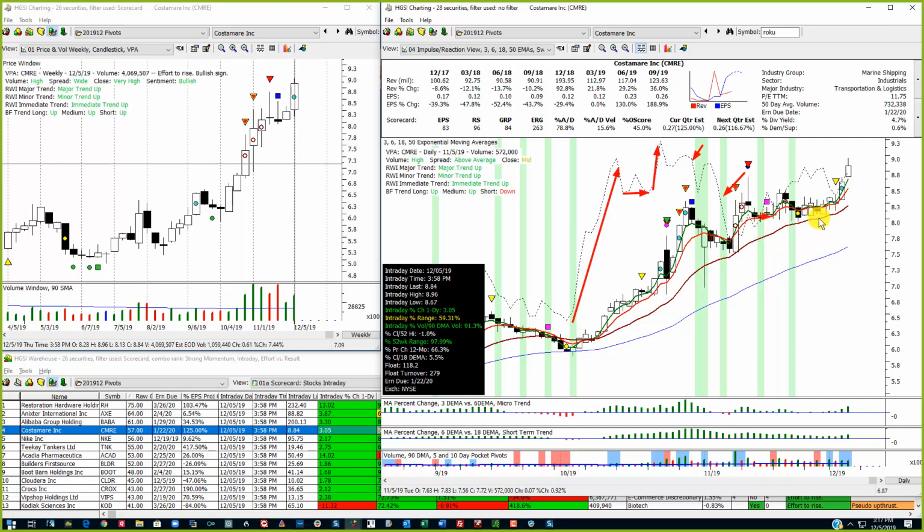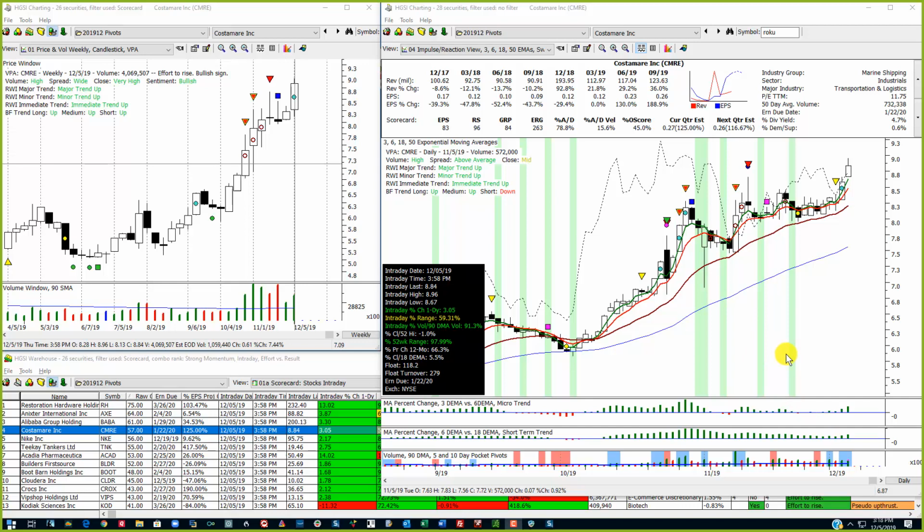Here's another pivot buy. Well, this is where I got in right here. Anyway, you can see how often these pivots do appear, and I like to have them going up. I like to have the histograms, at least this one, positive. But just use your own judgment.